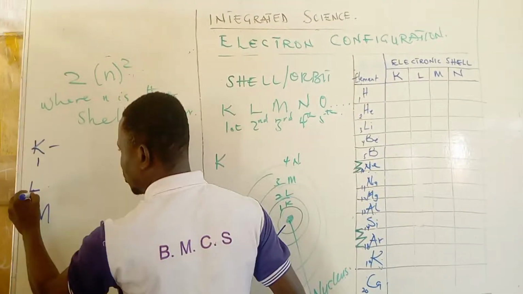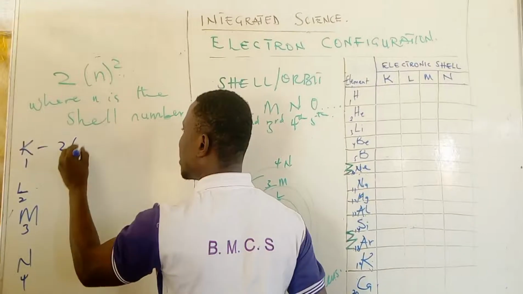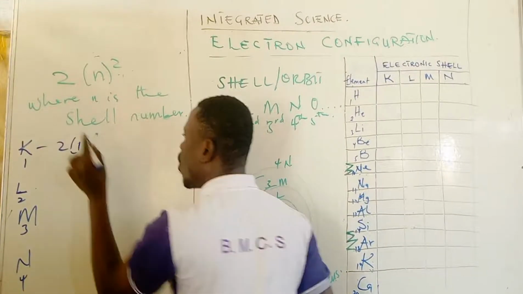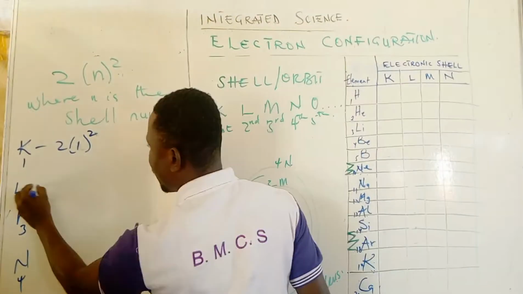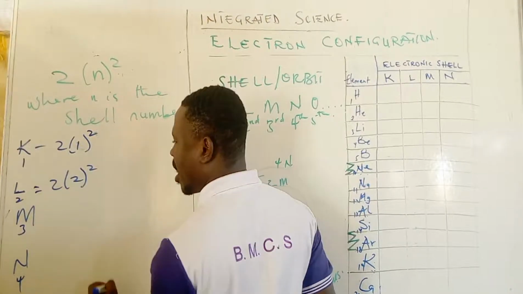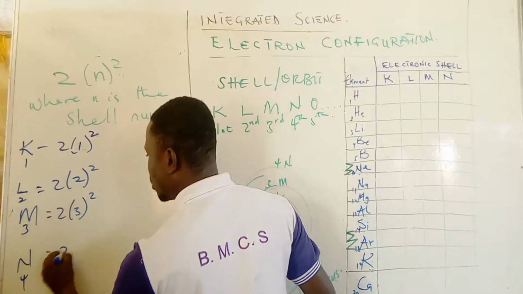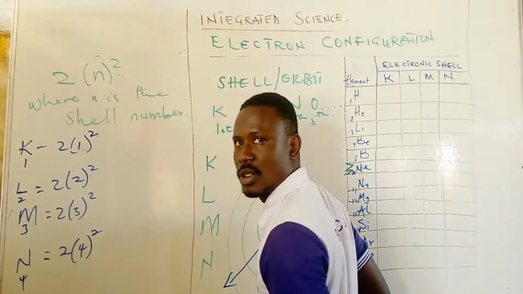We have 2 into bracket 2 squared for L, and 2 into bracket 3 squared, with the last one 2 into bracket 4 squared. If you want to go further, you can add O, 2 into bracket 5 squared. Let's expand this mathematically to know the number of electrons each of the shells can contain.